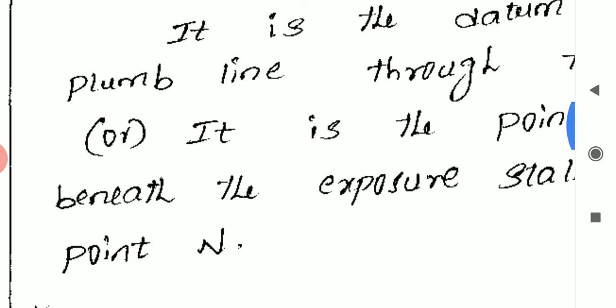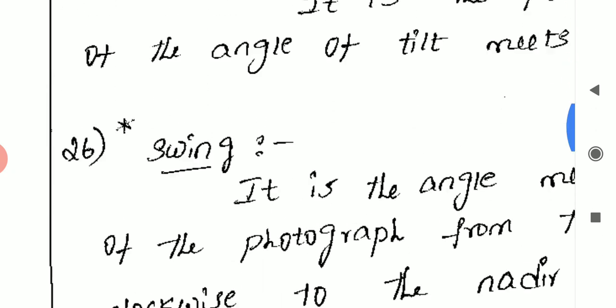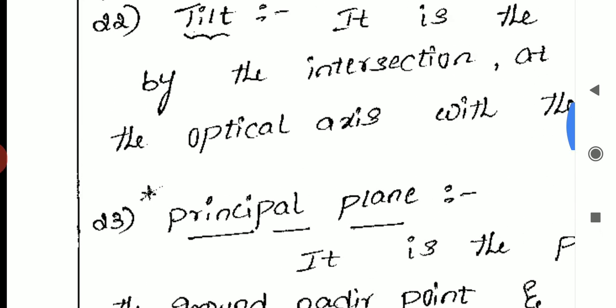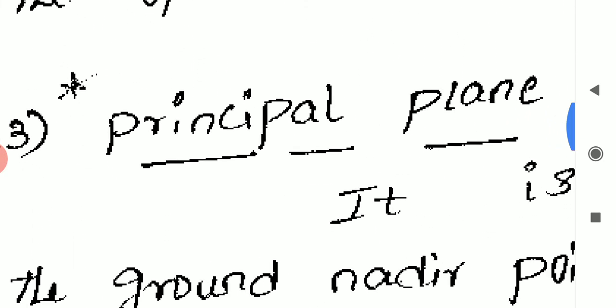And axis of tilt. You people already know about tilting or oblique, so that is nothing but the tilt. Tilt is the vertical angle defined by the intersection at the exposure station of the optical axis with a plumb line.